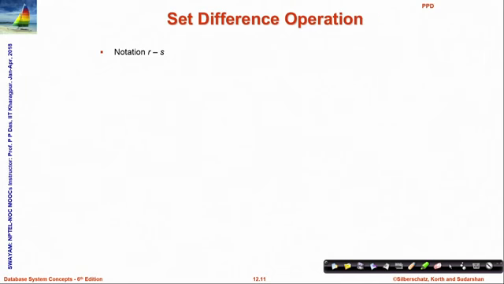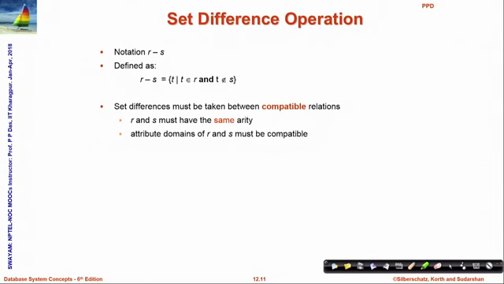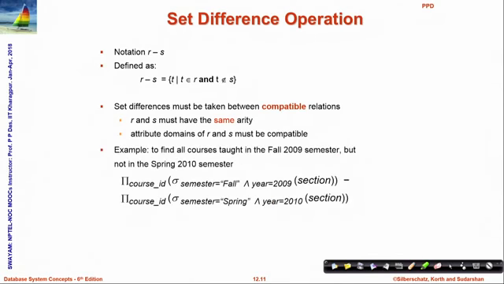Set difference is again just a simple difference of sets, R minus S, where a tuple belongs to R and it does not belong to S. So, you remove all the tuples belonging to S that exist in R to get R minus S. Again, they must have the same arity, and corresponding attribute domains must be compatible.